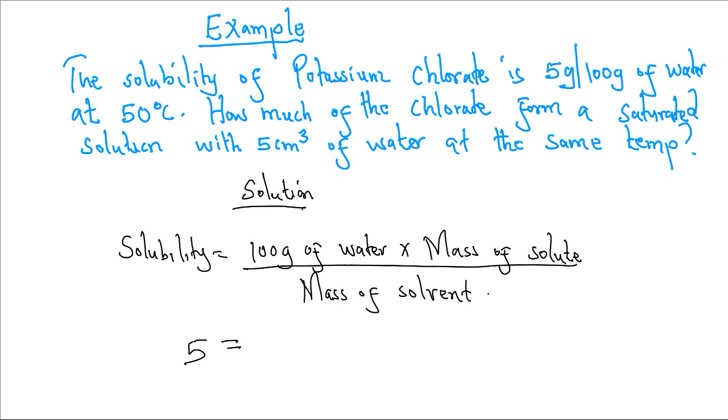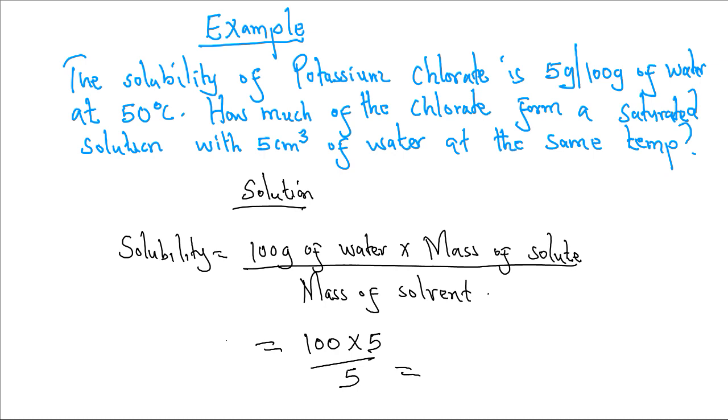So that will be simply, when we cross multiply, we'll have 100 times 5 over 5, and that gives 0.025 grams. It is a mass of solute.